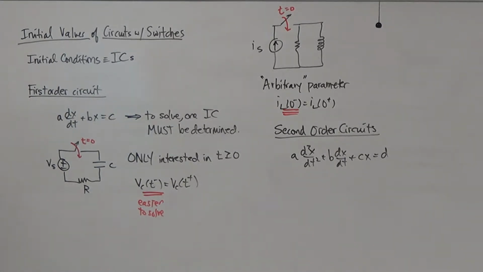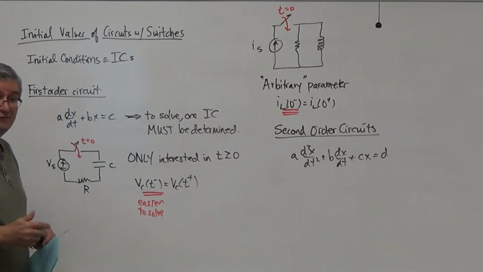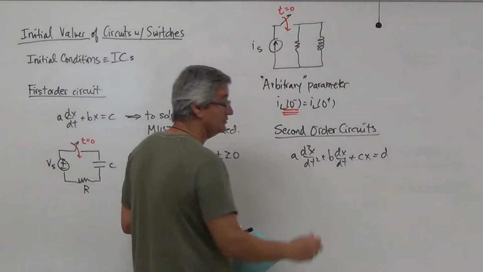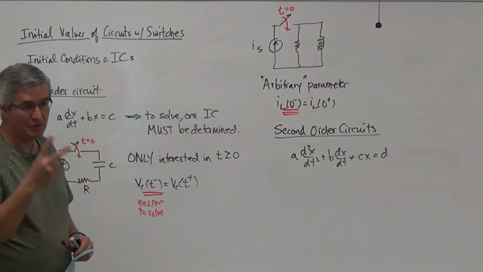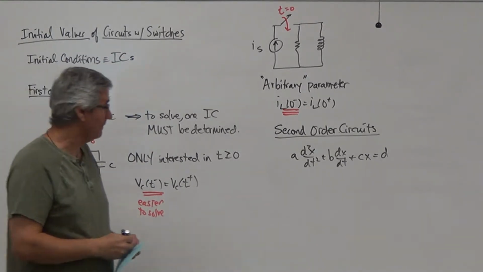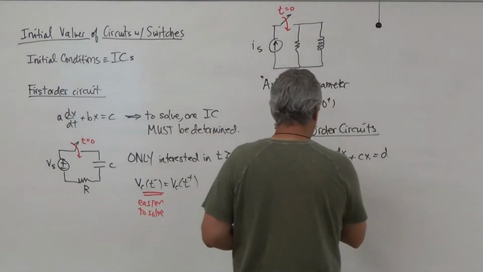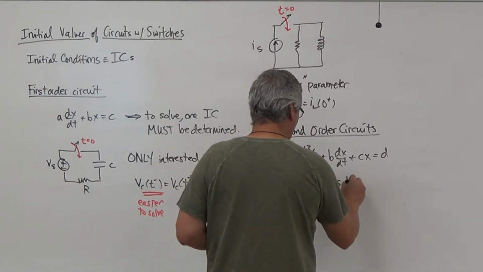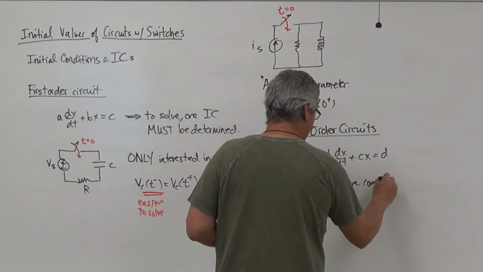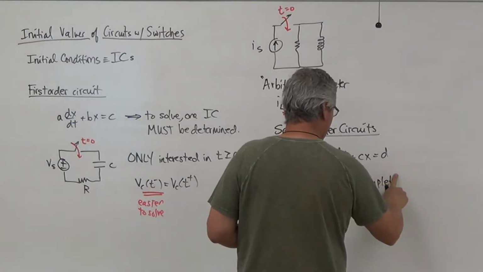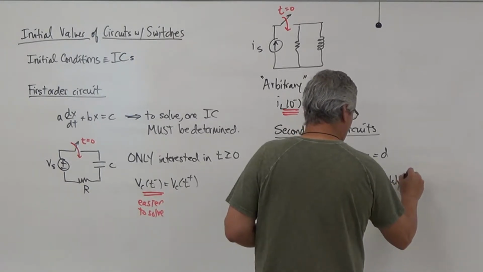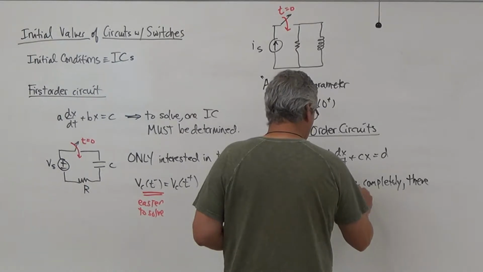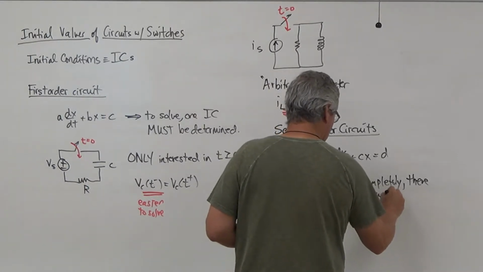So that means the following thing here. In differential equations, they tell you if you have a second order circuit, that you have two arbitrary constants. Right? So here, what this tells us is that to solve completely, there are two constants.